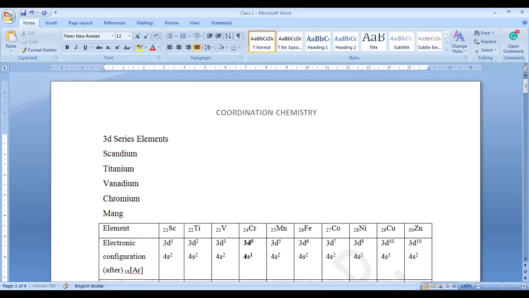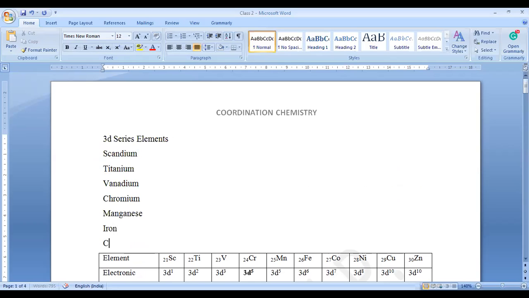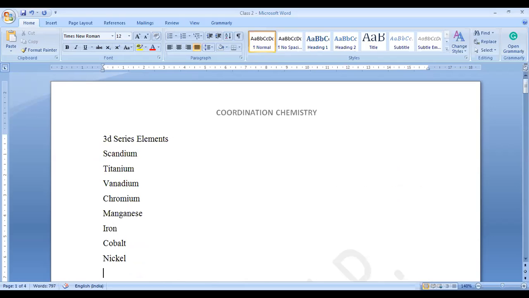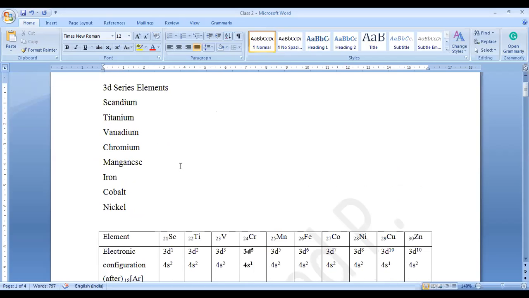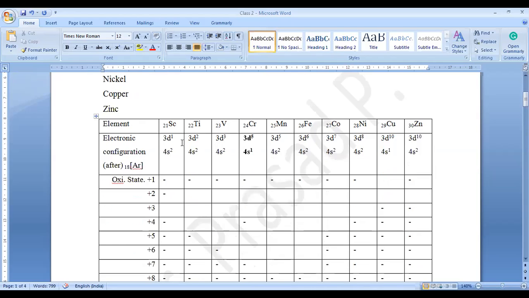Then comes manganese, then iron, then cobalt, then nickel, then copper, then zinc. So these are the 3d series elements. Their atomic numbers start from 21 to 30.